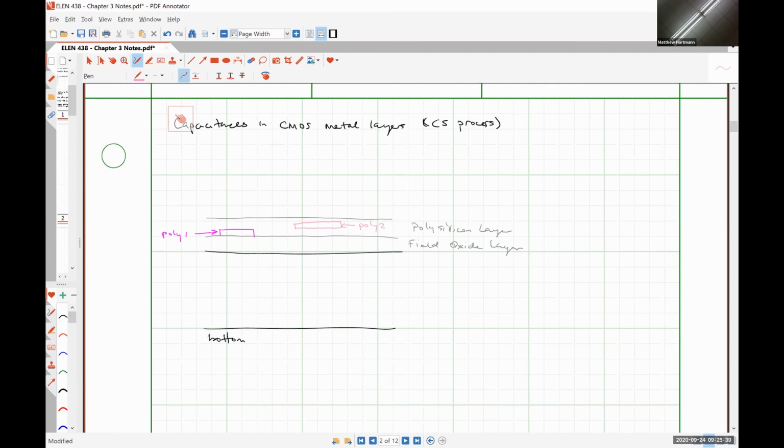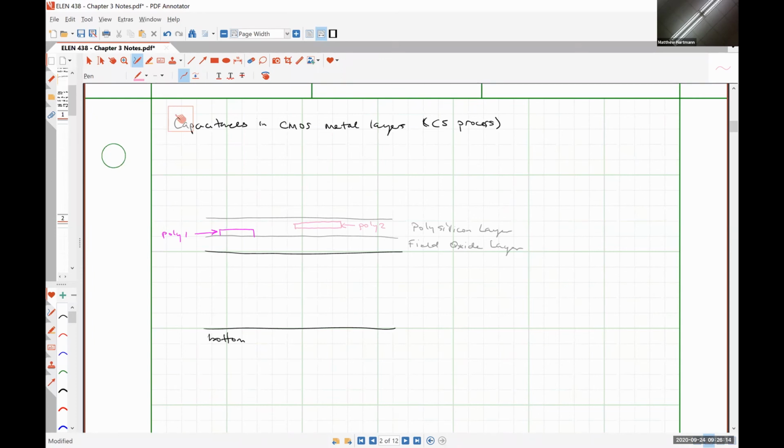You can make transistors with the poly 2 acting as a gate, and they are going to have a significantly different turn-on voltage because the thickness of the oxide between the polysilicon layer and the channel of the transistor is much, much larger. So you can actually develop 2 different transistor technologies using a 2-poly process.